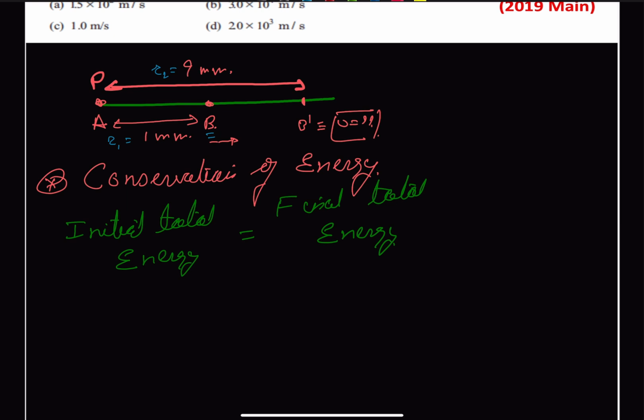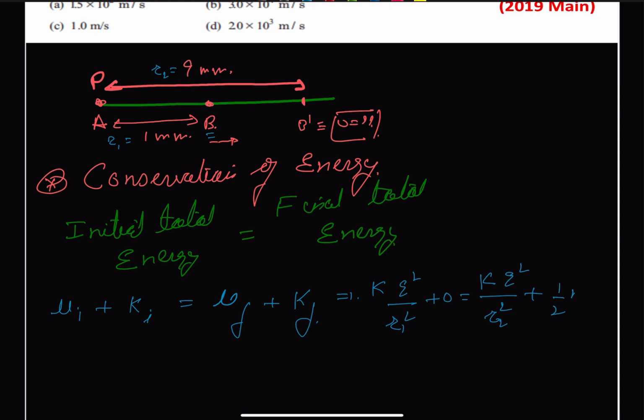So we can write U of I plus K of I is equal to U of F plus K of F. U of I is k Q square upon R1 plus 0 is equal to the final energy, k Q square upon R2 plus half mv square.